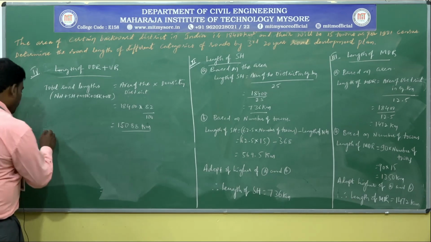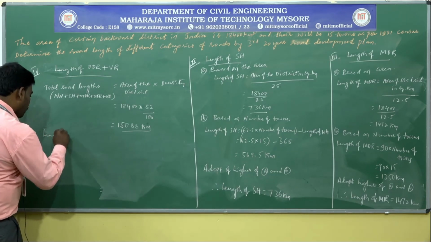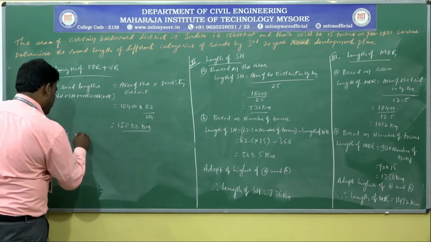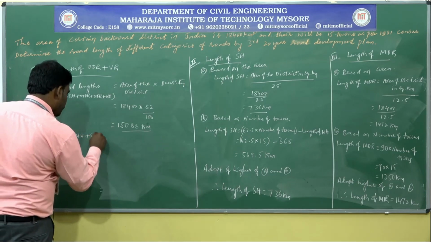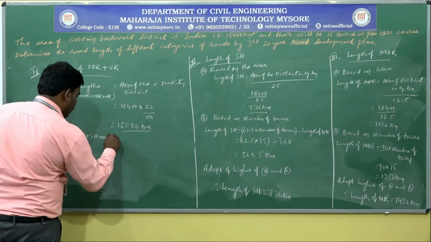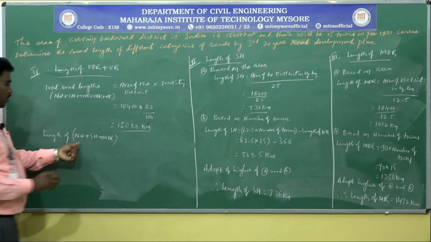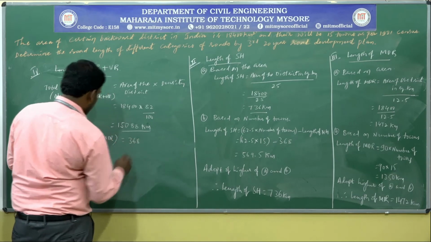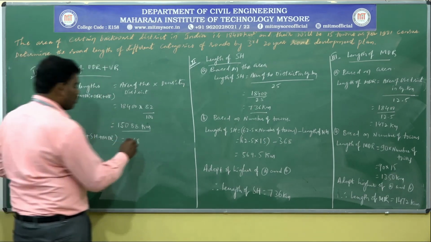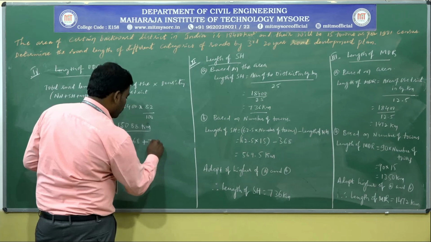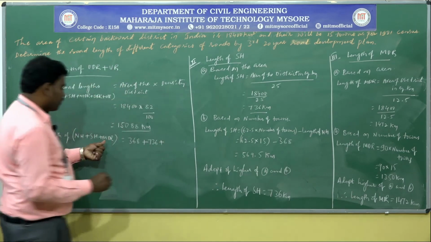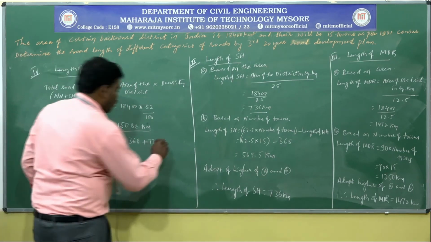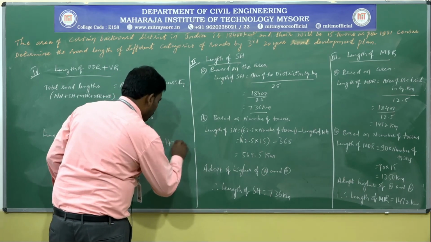Then the length of NH plus SH plus MDR: in step number 1 NH we got about 368 kilometer, in step number 2 SH length about 736 kilometer, and in step number 3 MDR length about 1472 kilometer.